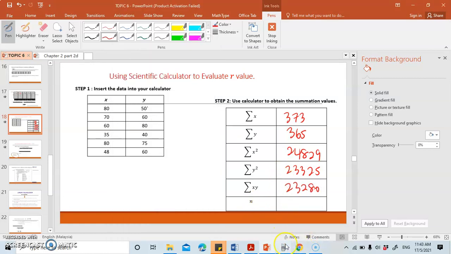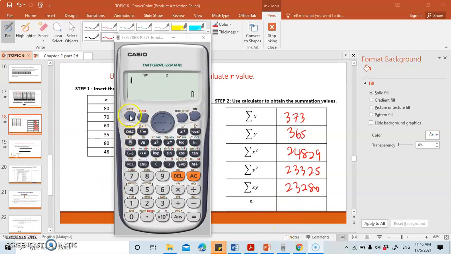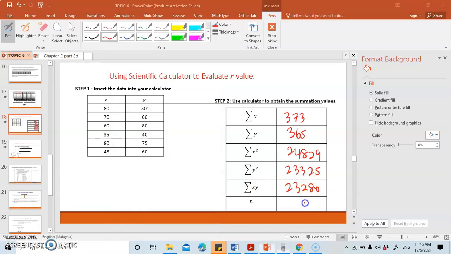As for the n value, you can get that from shift, stat, and number 4, then number 1. N is 6. Or you can just calculate n manually. N refers to the number of observations. We have 1, 2, 3, 4, 5, 6 observations, so n equals 6.